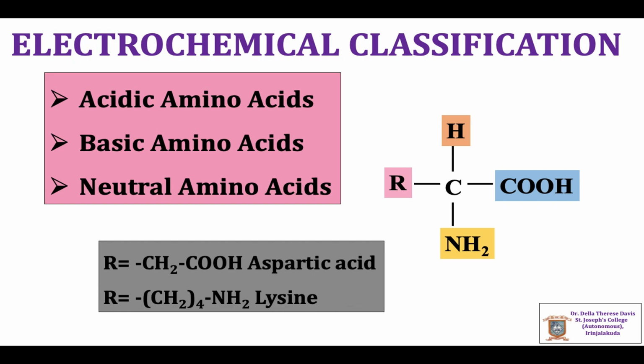Since it contains an extra NH2 group, lysine is basic in nature. Glycine, alanine, etc. are examples of neutral amino acids, which contain one COOH group and one NH2 group in their structure.